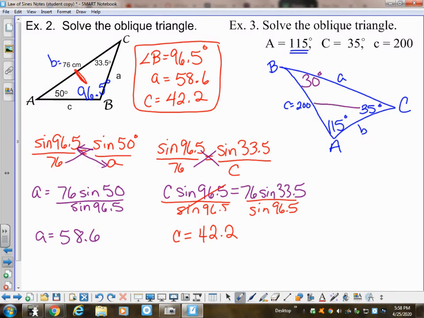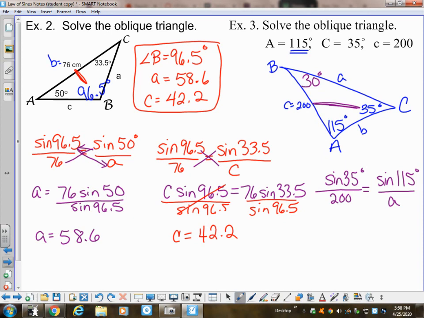Well, I have the C's here. I have angle C and side C. So my first setup here, sine of angle C, 35, over little c of 200 is equal to, I'm going to find A again, sine of 115 for angle A over little a.